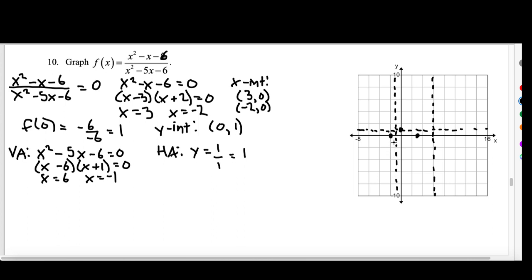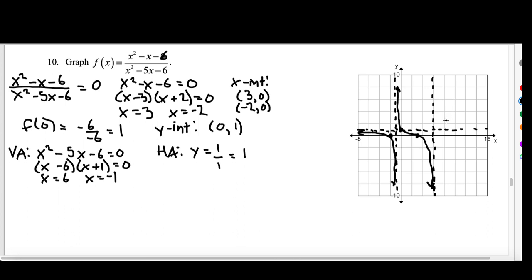So in this region and this region, we can get a sense of what the graph is going to look like. It's going to pass through here, come up and approach the horizontal asymptote, and then come down and approach the vertical asymptote. Here, it's going to come up here, approach that vertical asymptote, go over here, go through that point, and come down like that.